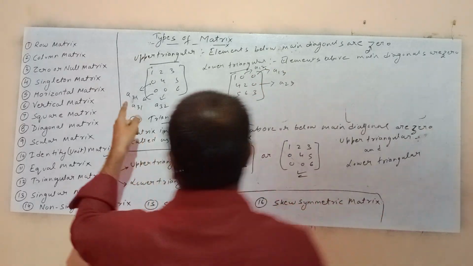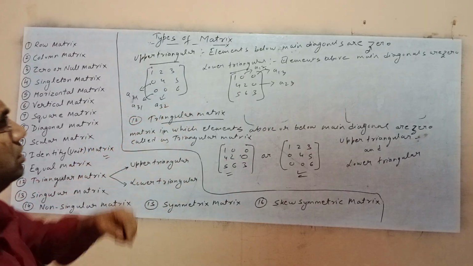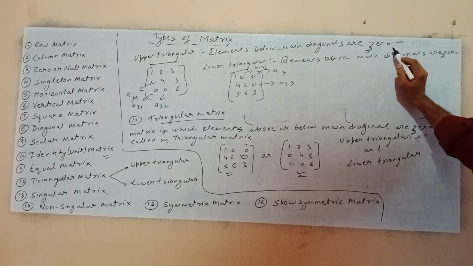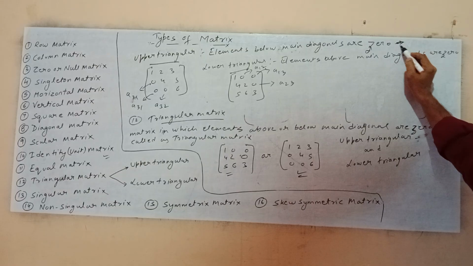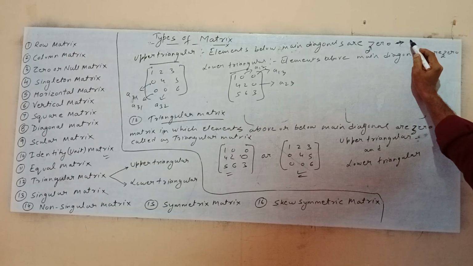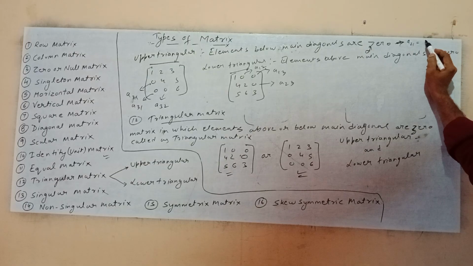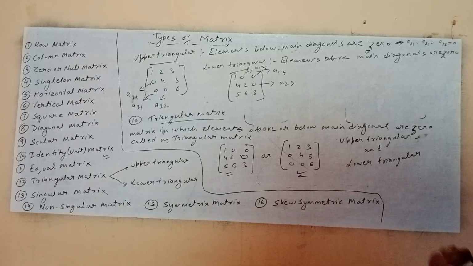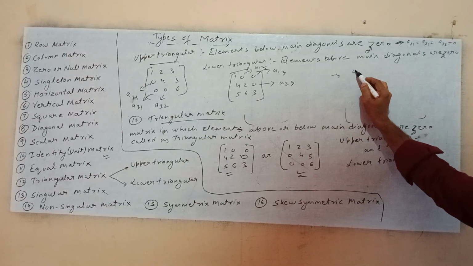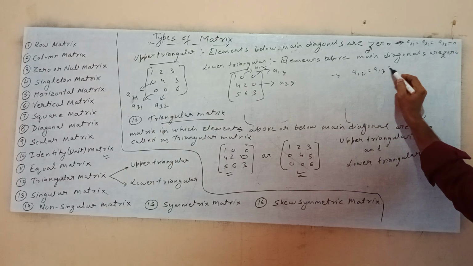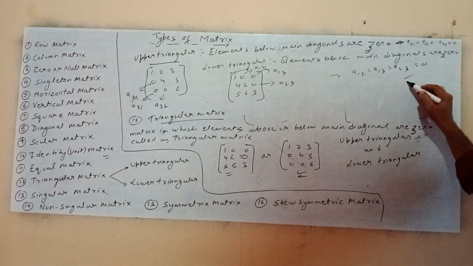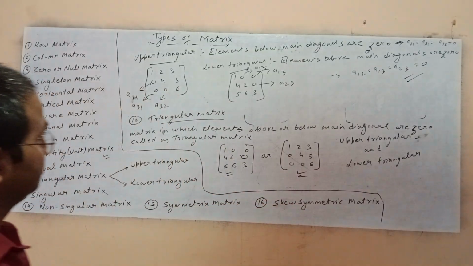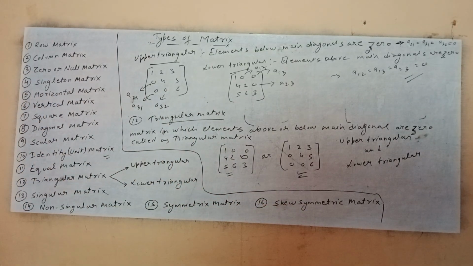So in the upper triangular matrix, what will you write? a21 is equal to a31 is equal to a32 will be 0. And in the lower triangular, a12 is equal to a13 is equal to a23 will be 0. In this way, you can also define Aij.